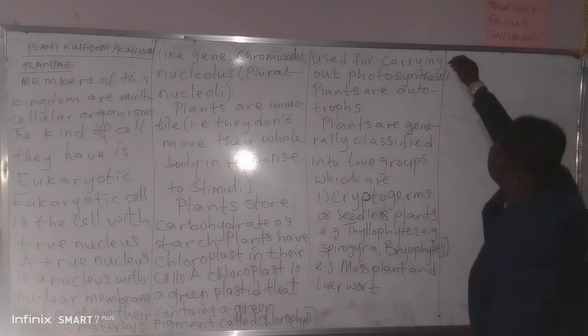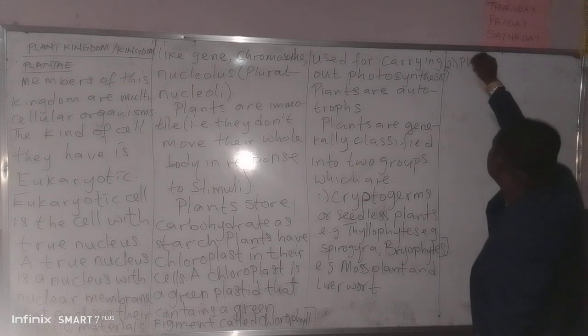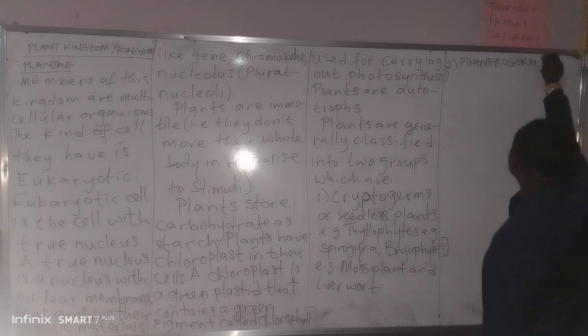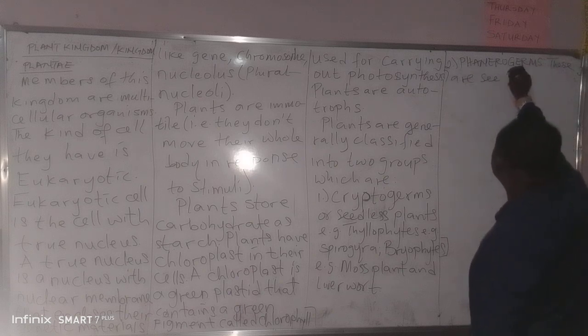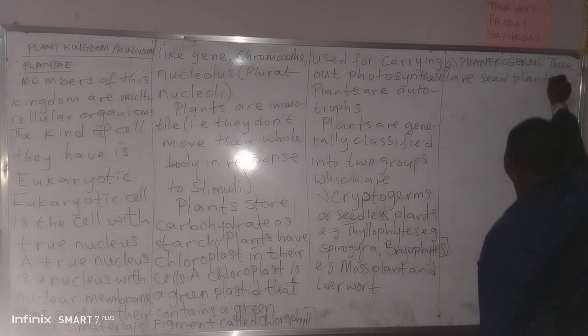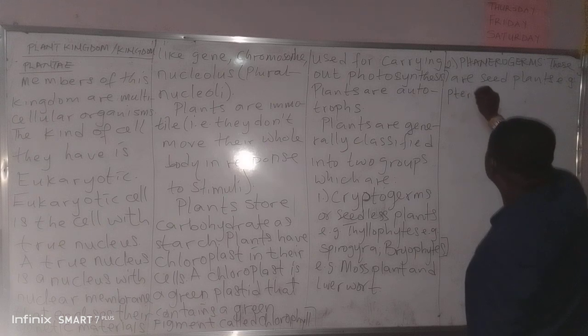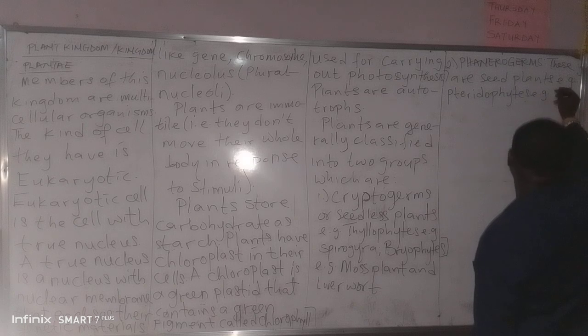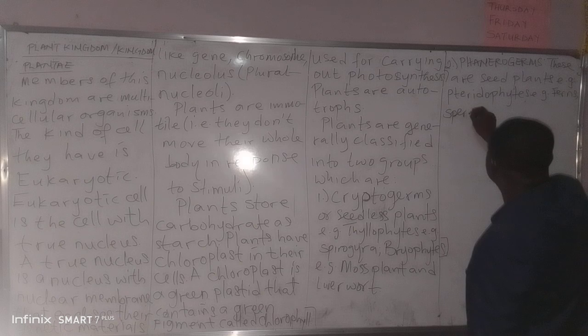So then there are some other ones called phanerogams. These are seed plants, e.g. we have pteridophytes, e.g. fern. We have spermatophytes or flowering plants.